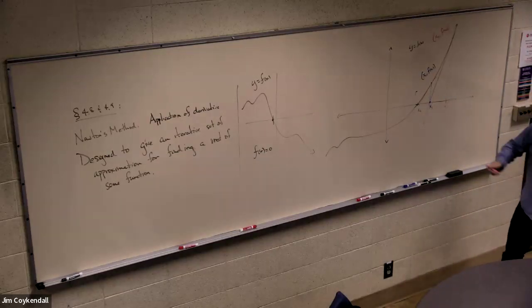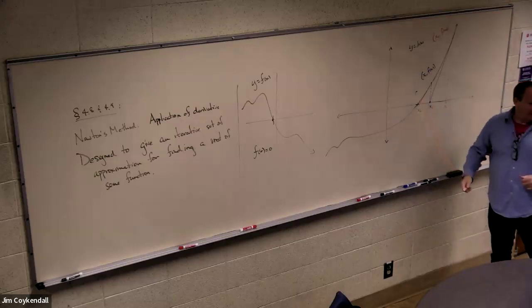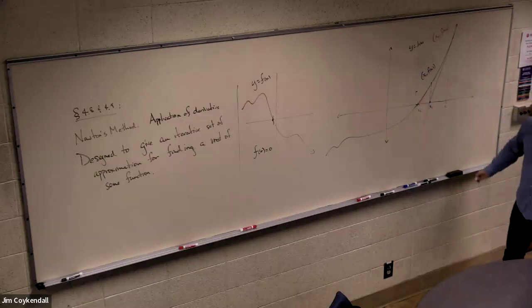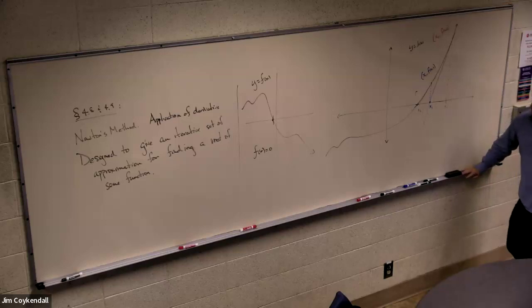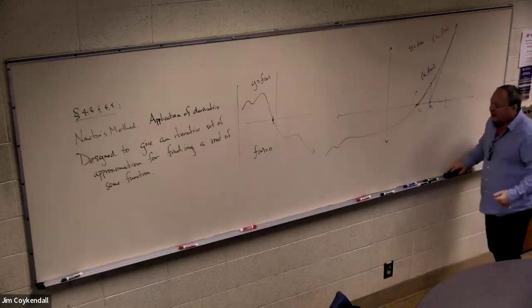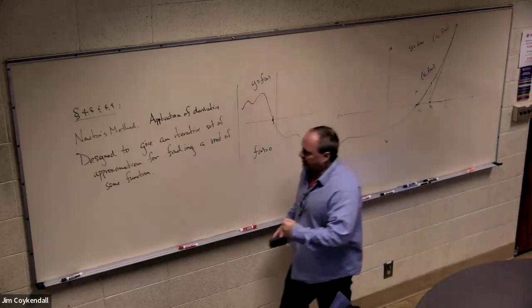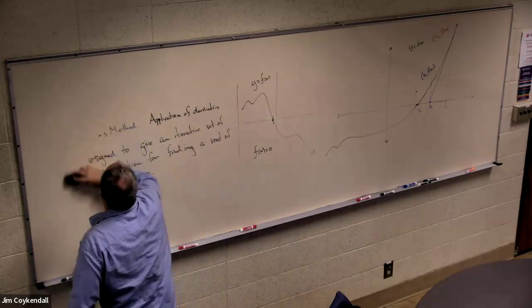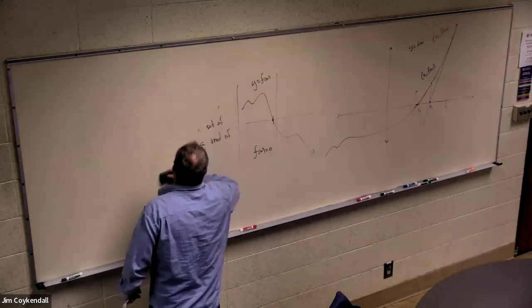If you're not satisfied with this, repeat the process and just do this over and over again. From a practical point of view, Newton's method actually works incredibly well, surprisingly well, especially with standard functions that you might encounter. Let me derive what happens in Newton's method.